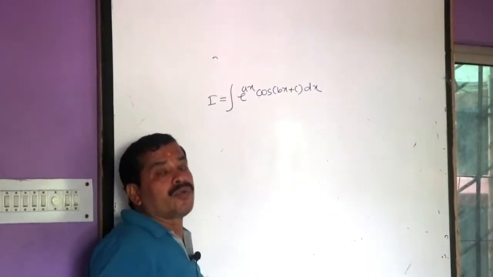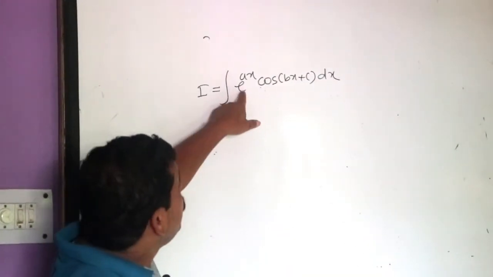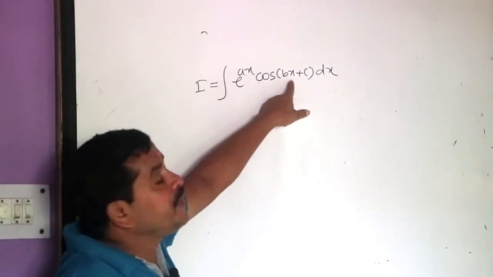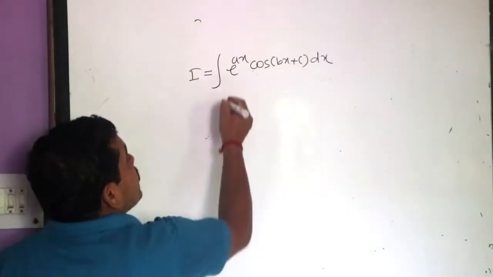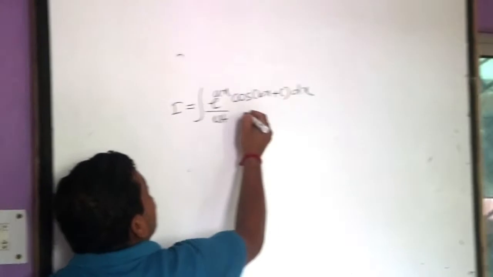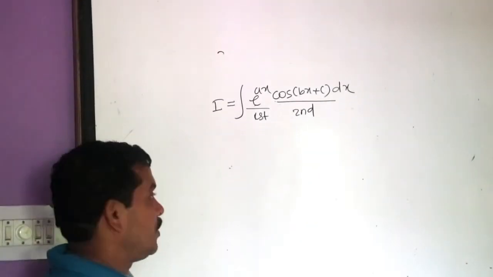E to the power ax is the exponential function, cos bx plus c is the trigonometric function. In this case, we will take e to the power ax as the first function and cos bx plus c as the second function.